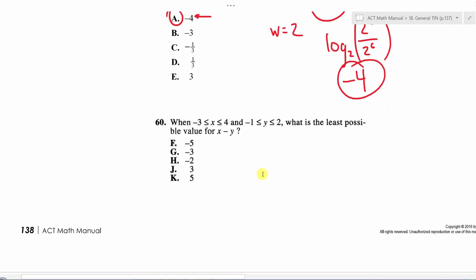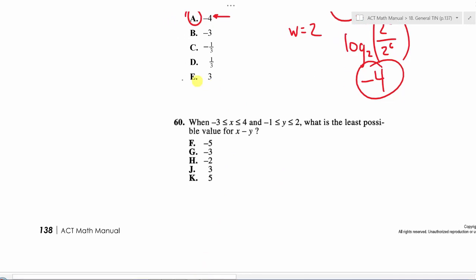Now on number 60, yet another variation of general tin in which we are given some ingredients and need to know what those ingredients mean. So let's go ahead and write this down.